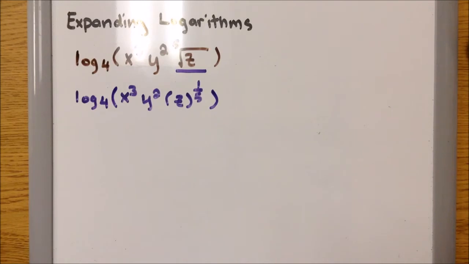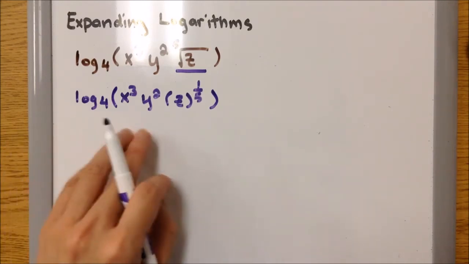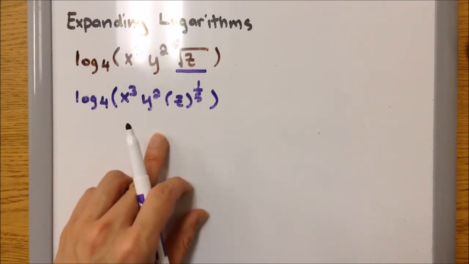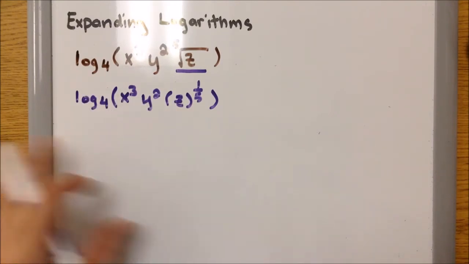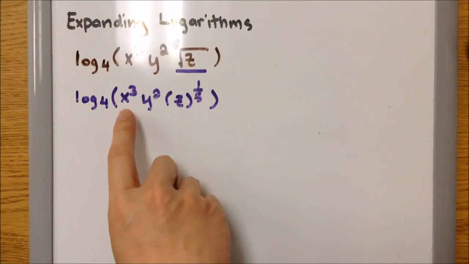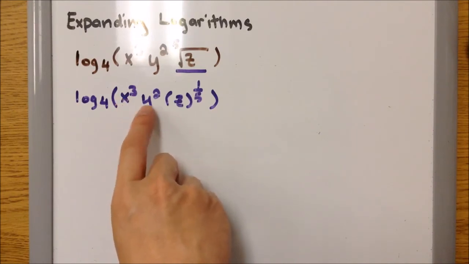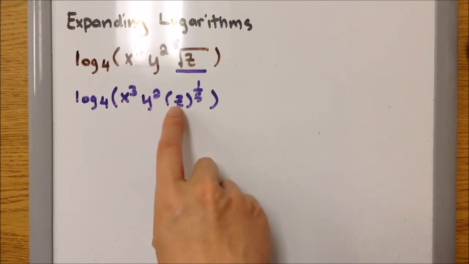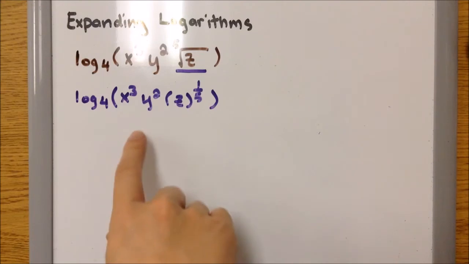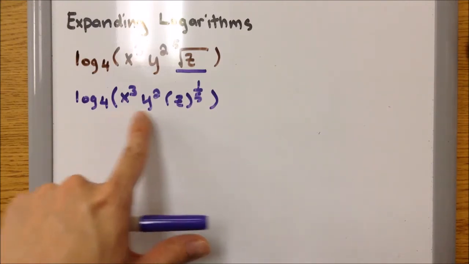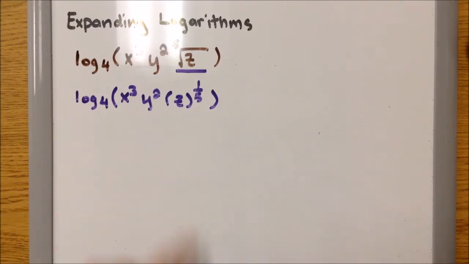Alright, so I finally have a log with no radicals, no square root, no cube root, no fourth root, no radicals. So I see that it's x to the 3rd times y squared times z to the 1/5 power. So since it's multiplication, we're going to use the product property and split into separate logs. So I have 3 parts, so that means I'm going to have 3 logs.